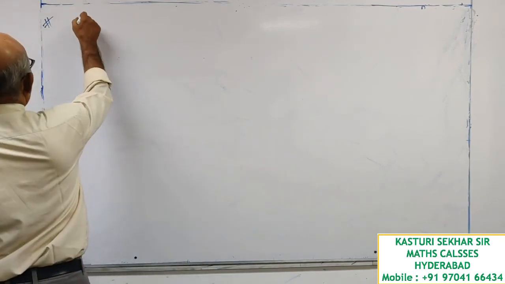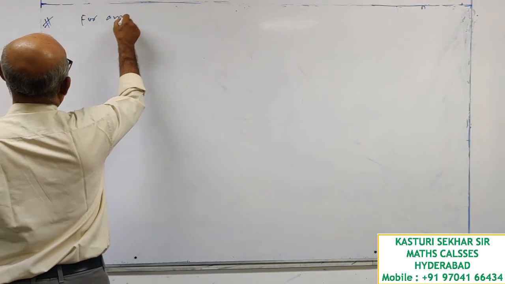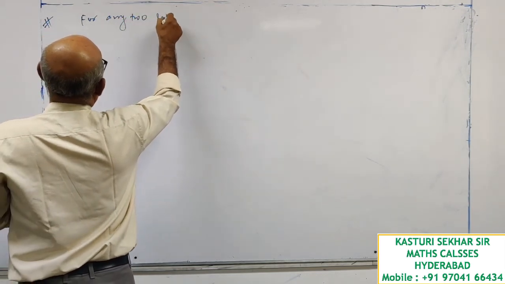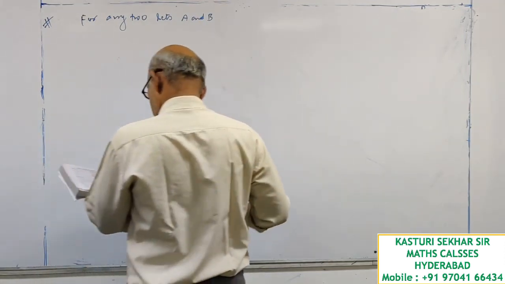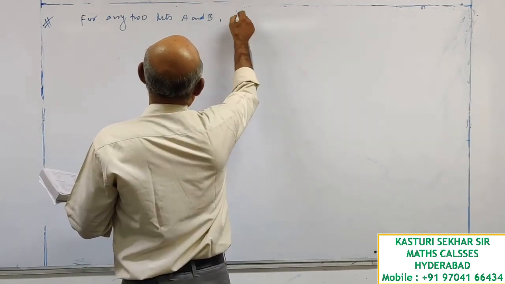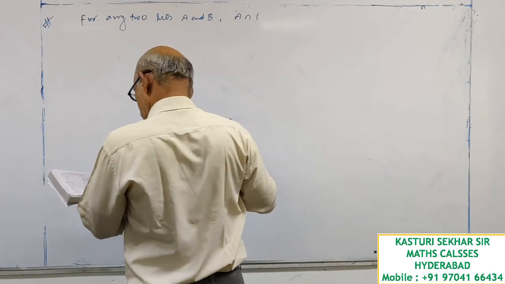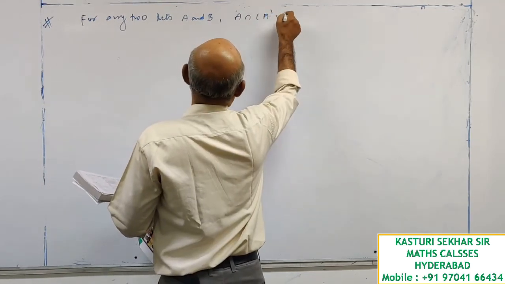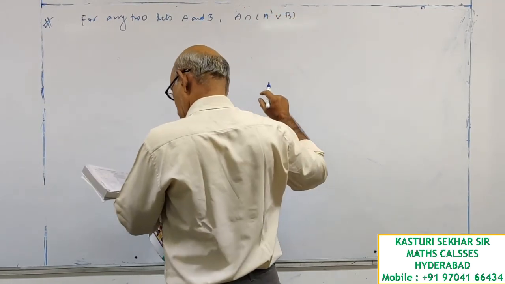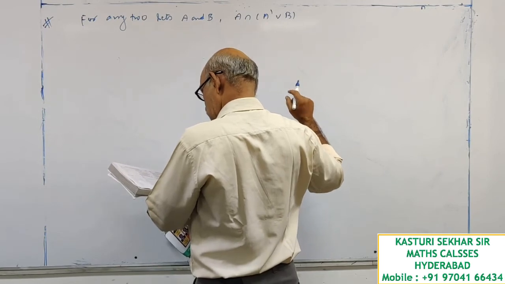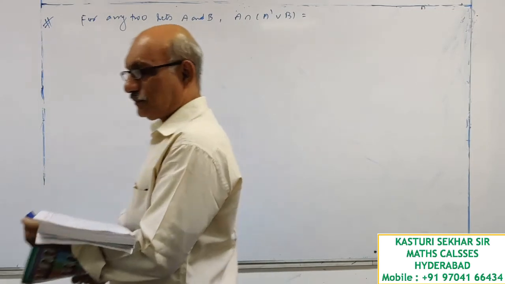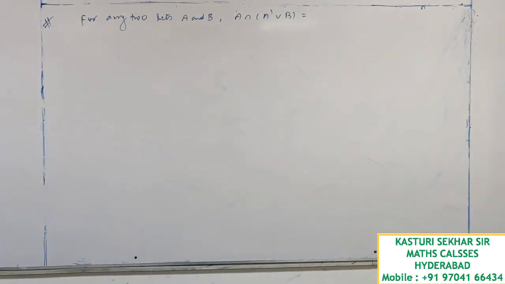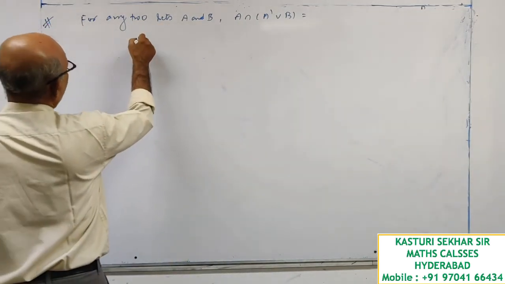Next. For any two sets A and B, A intersection A complement union B is equal to? Very simple question, sir.